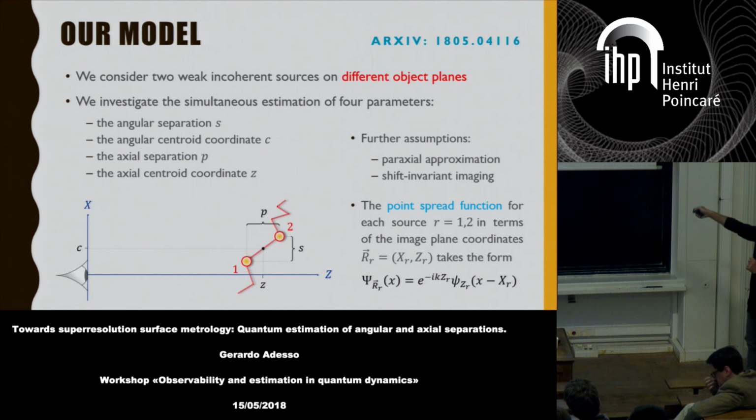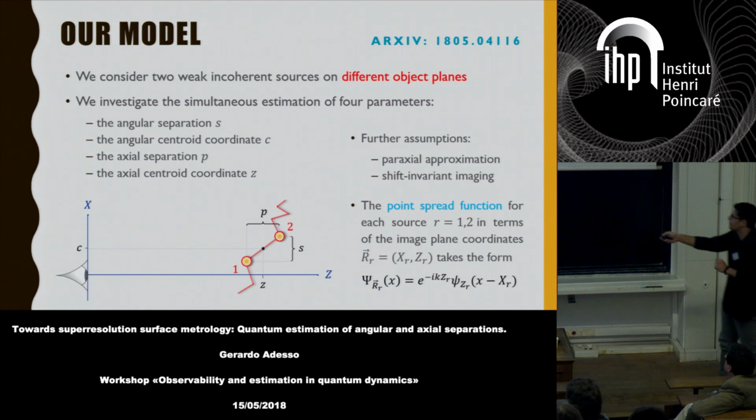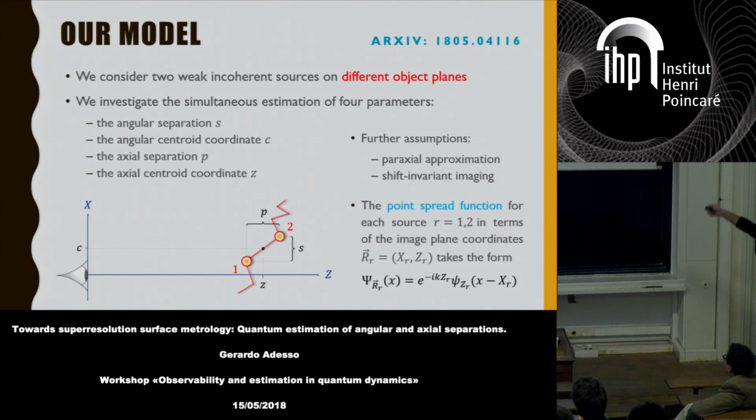We don't have to specify the specific form of this real term here. This will depend on the specifics of the lens. It could be a Gaussian beam, it could be sinc, jinc, depends on the shape of the lens and the aperture that we consider. But so far, whenever I say our results are for general point spread function, I mean general complying with this factorization condition here.